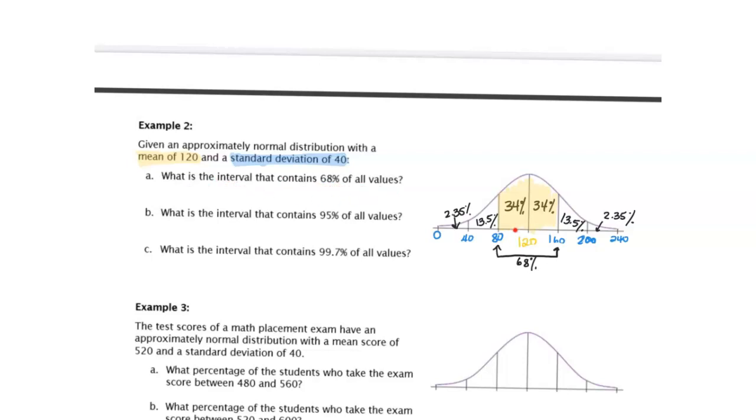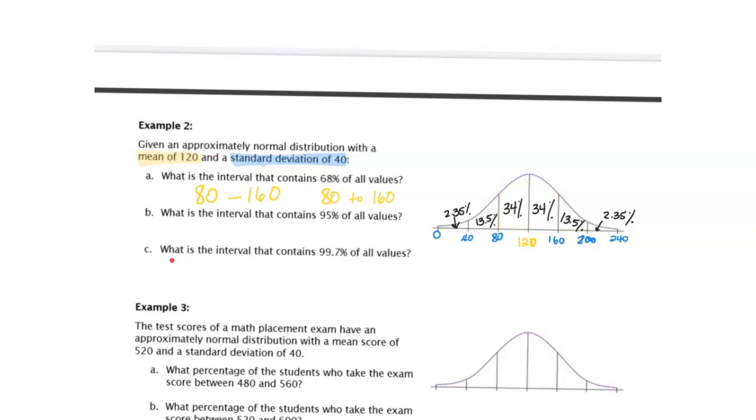So between what two numbers contains this 68%? Well, those two numbers are your 80 and your 160. Within the 80 and 160, we have our 68%. So our answer for this question is between 80 and 160. Or you can say 80 to 160, either or.